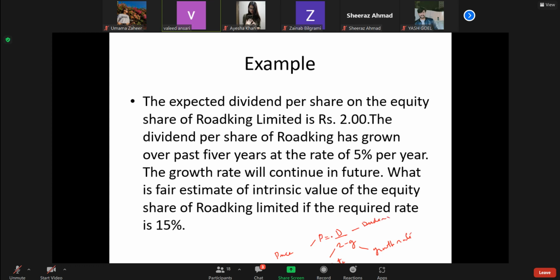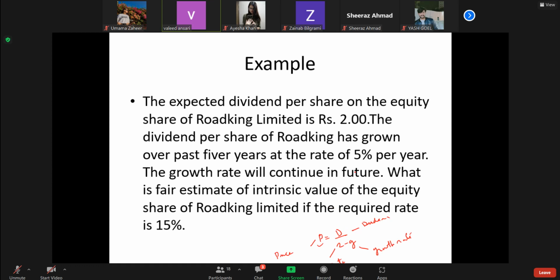Now you see that in this formula, if you have 3 variables, you can find the fourth. For example, if you are given price, dividend, and R, and you are asked to find the growth rate, one can easily manipulate this formula. Or in some cases the dividend is not given, but price and the other variables are given, and you can easily find it out.